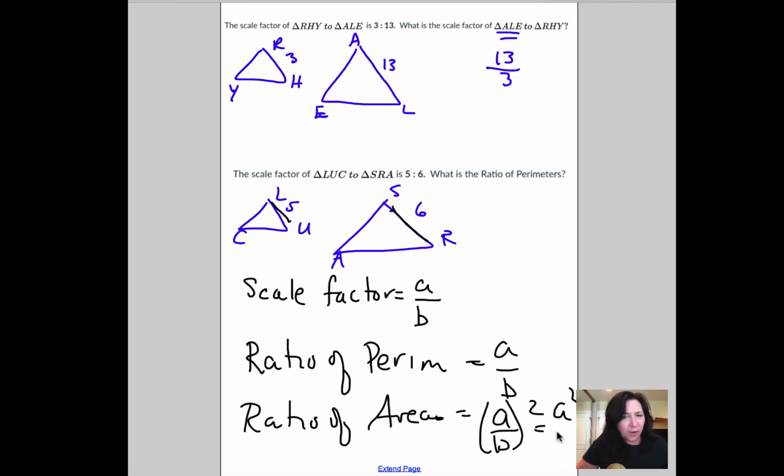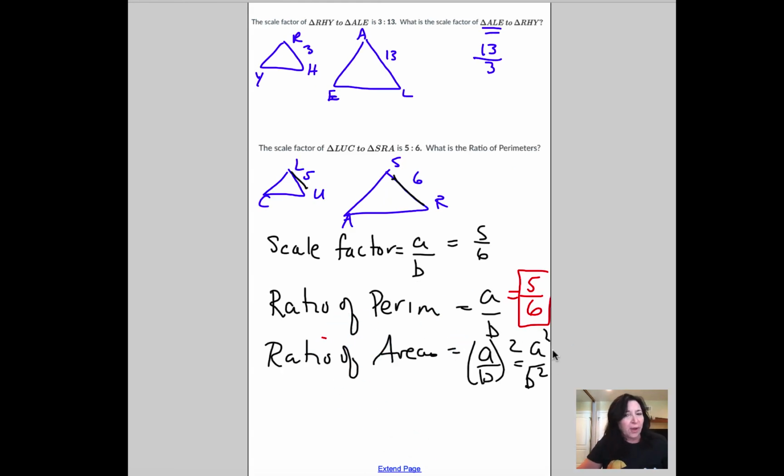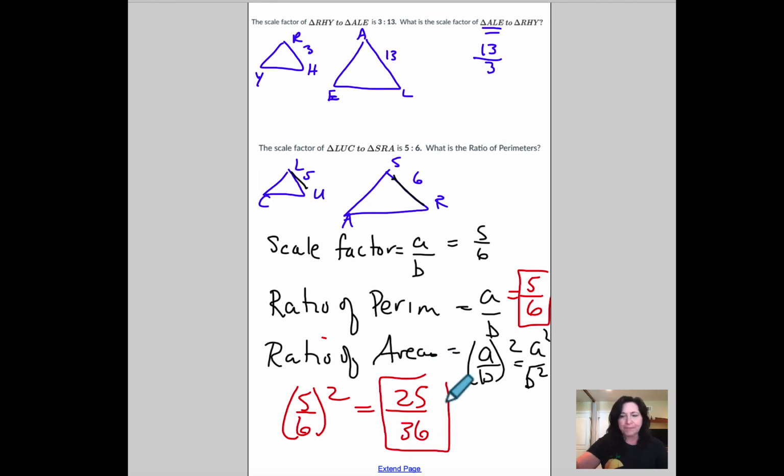So that's A squared over B squared. And so if I asked you for the scale factor, it's 5 to 6. Well, they gave me the scale factor, it's 5 to 6. But the ratio of perimeter is exactly the same. That's also 5 over 6, okay? But just fun fact, if I asked you for the ratio of areas, that would be 5 over 6 quantity squared, which is 25 over 36. And so that would be that value.